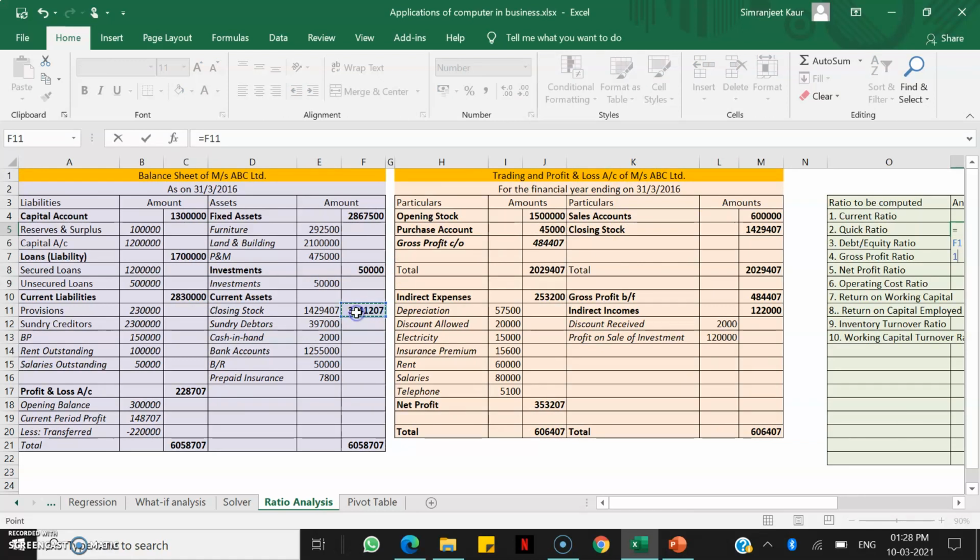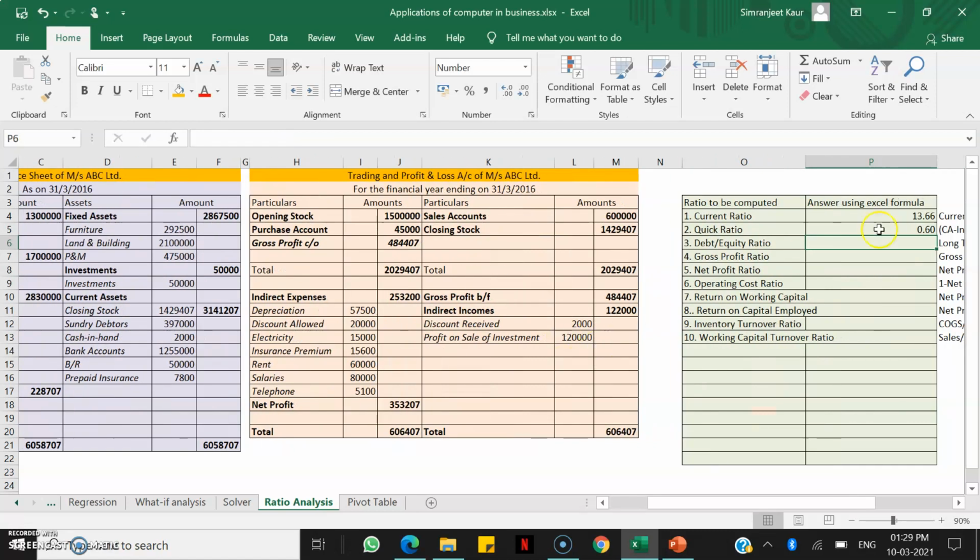We'll take current assets minus my closing stock minus my prepaid expenses, which is prepaid insurance here, right? Let me put it in a parenthesis, right? And now we will divide it by my current liabilities, which are listed here, and I'll press enter. So quick ratio is 0.60.